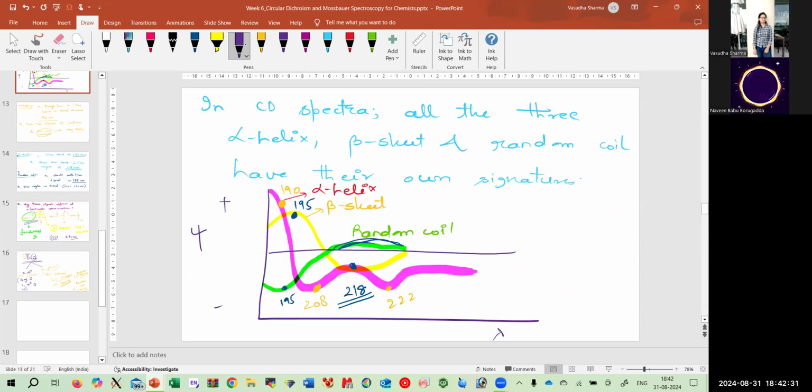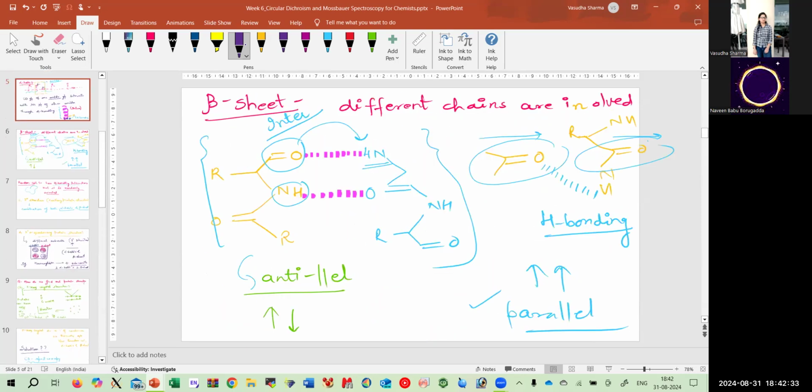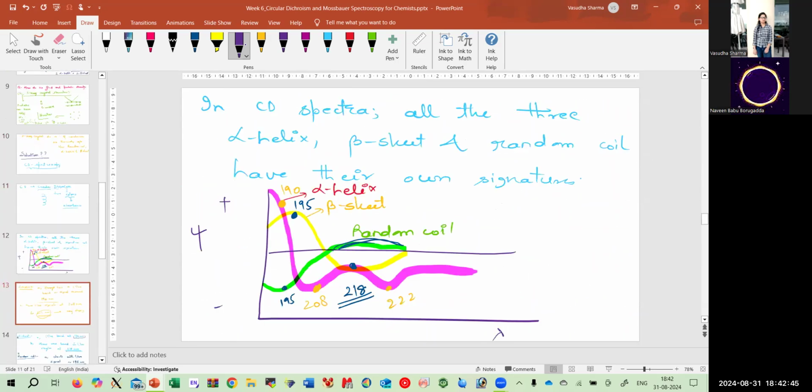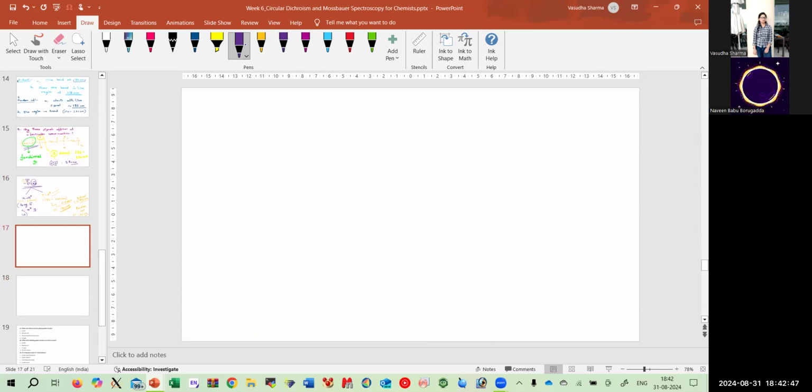Okay, so as I said, we completed the spectroscopy part also: how we can define it, and from where those wave numbers are coming into the picture. Now, the last topic of today's discussion is what are the factors on which CD spectroscopy depends?